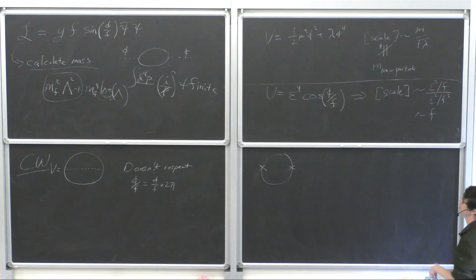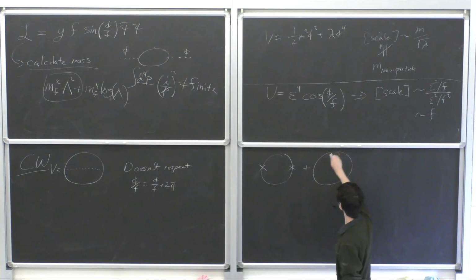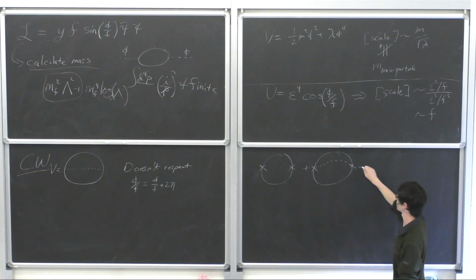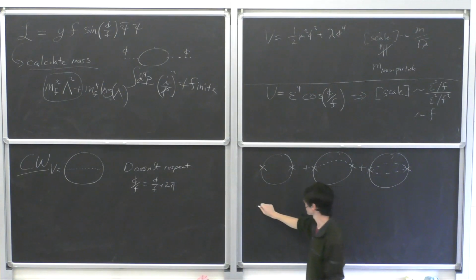But we should again say we should Taylor series in phi. So we should be including the Taylor series that has one scalar, the Taylor series that has two scalars, plus three scalars, etc.